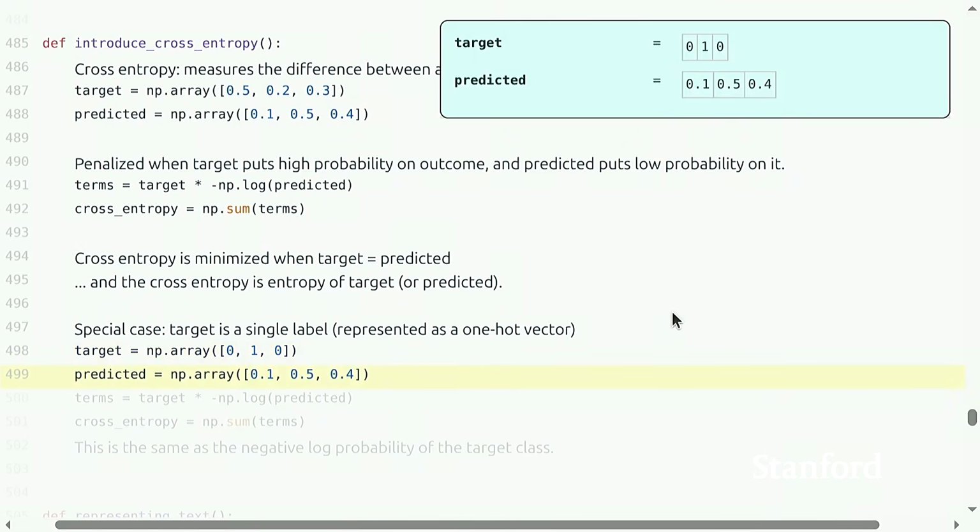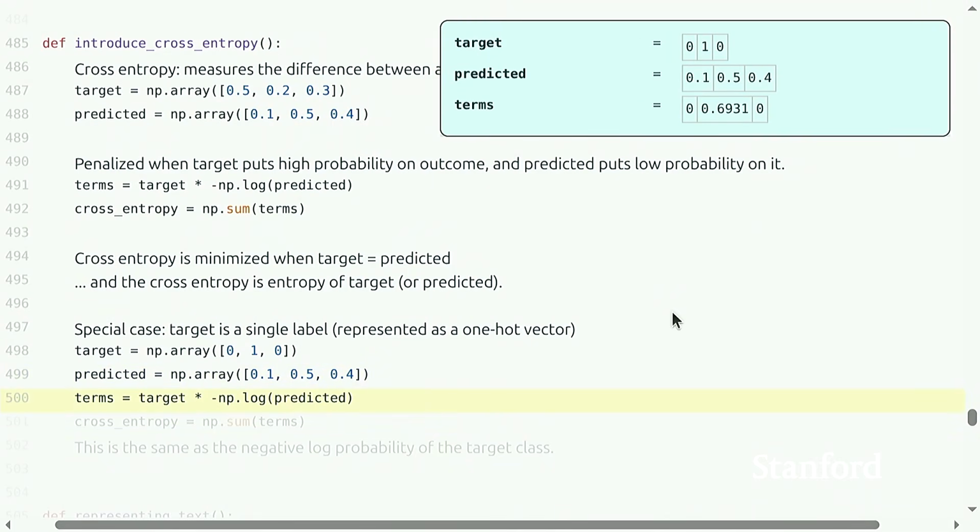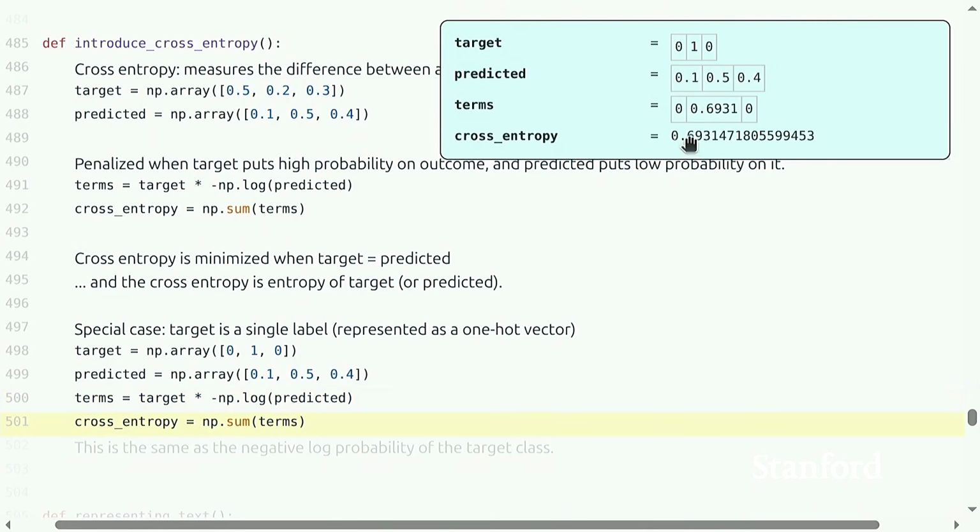And then the predicted is whatever distribution I have predicted. And if I do go through the cross entropy calculation, and I sum, then I get the cross entropy result. And you can see that in the special case, it's the negative log probability of the target class.